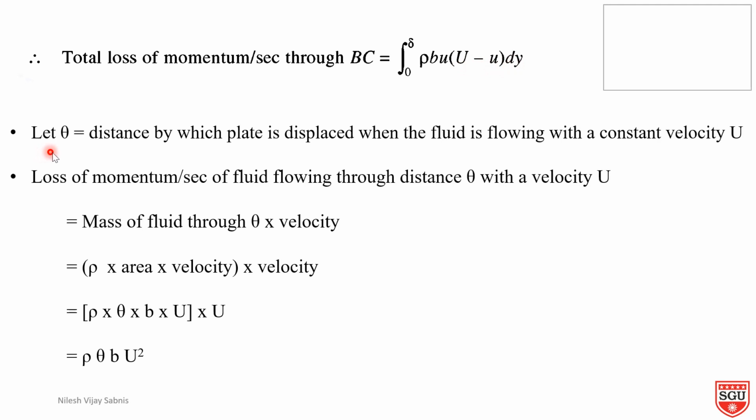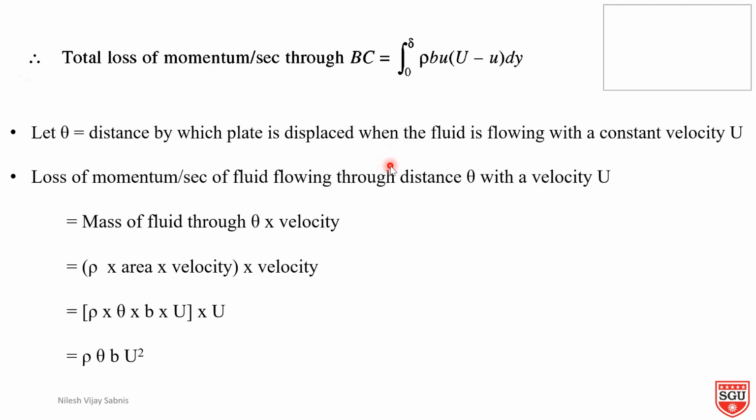Let theta be the distance by which the plate is displaced when fluid is flowing with a constant velocity U. Again, here we are considering that there is a plate as well as the fluid flowing over the plate is ideal fluid.